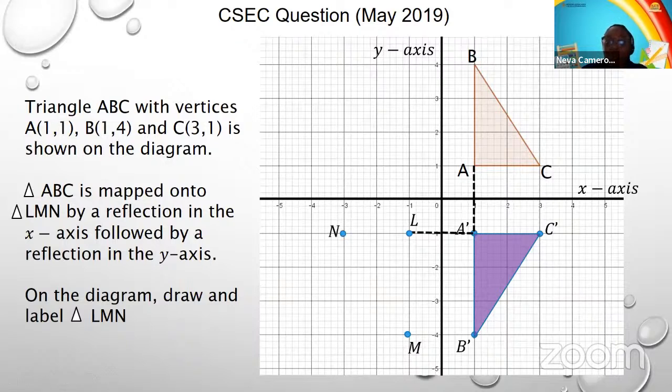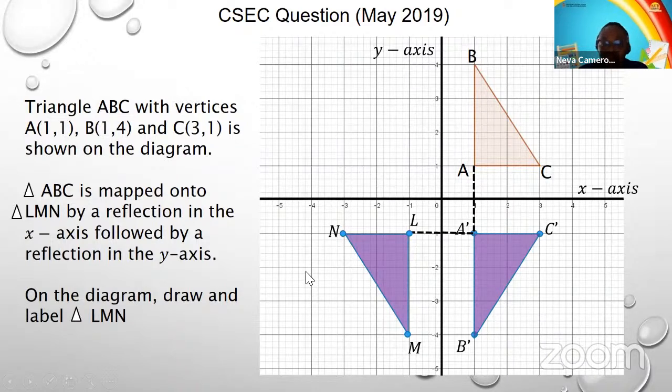And then our third and final point would be C, having reflected it in the x-axis, and we would have checked the distance. We are now reflecting it again, so it's 3 units to the right. And so now we are reflecting that in the y-axis, and likewise counting the distance, it will be 3 units. And so we have the double reflection.